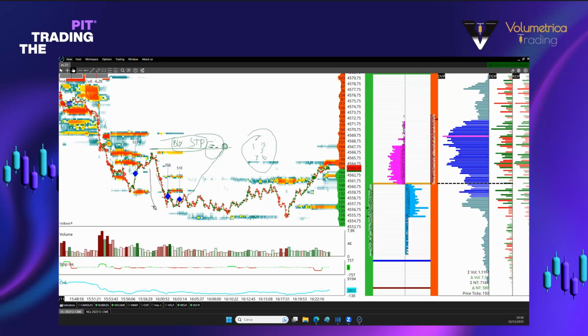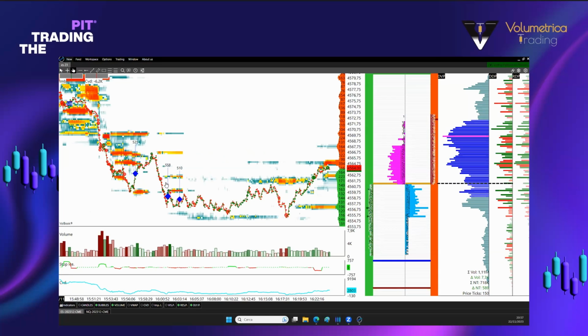But all together, it will result in 500 contracts hitting all together the ask, producing a stop run, exactly what the stop run is.